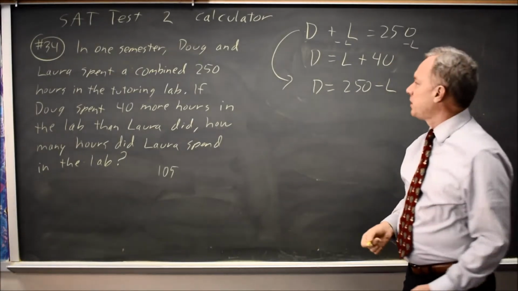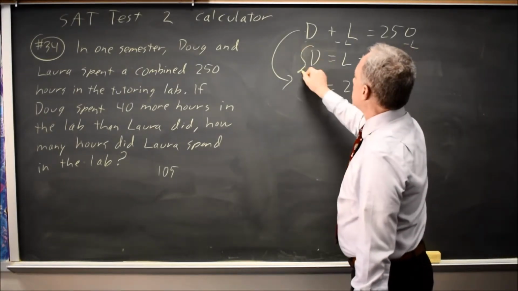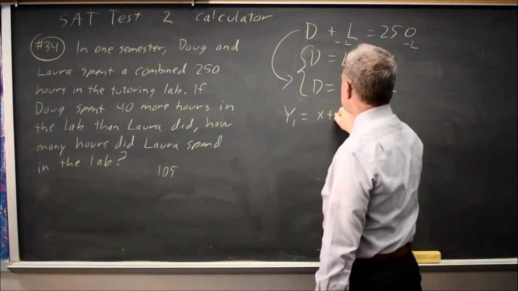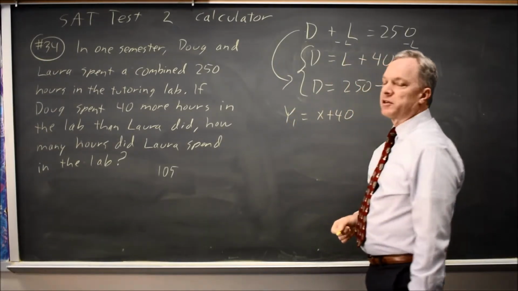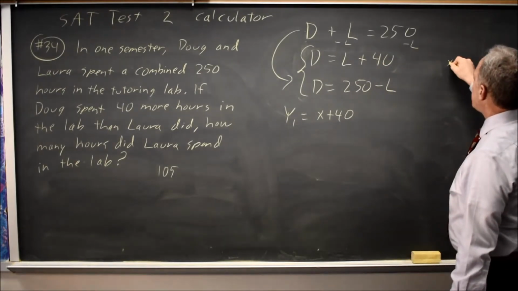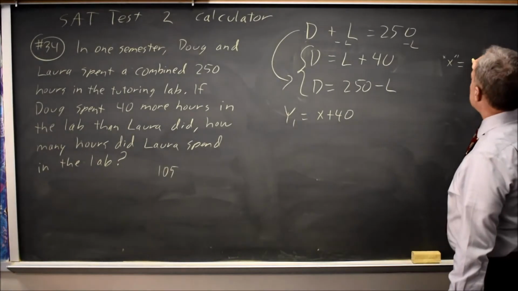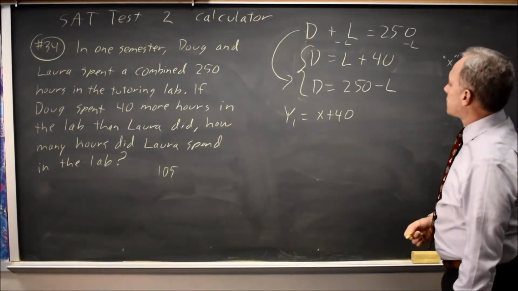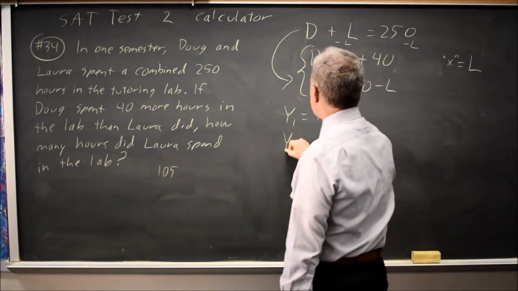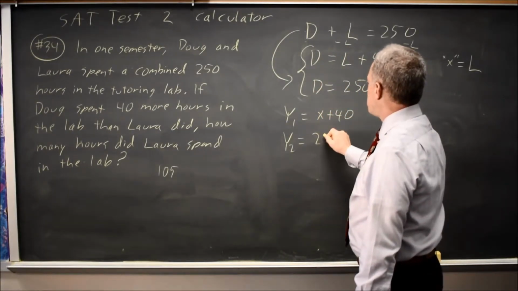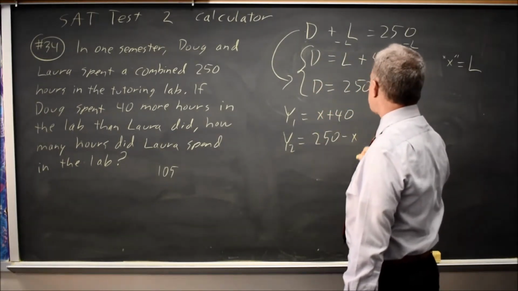Now I can go to Y equals, and for Y1, I'm going to enter X plus 40, and I'll make a note to myself that X in the calculator equals Laura's hours. And for Y2, on my TI-83 or TI-84, I'm going to enter 250 minus X.